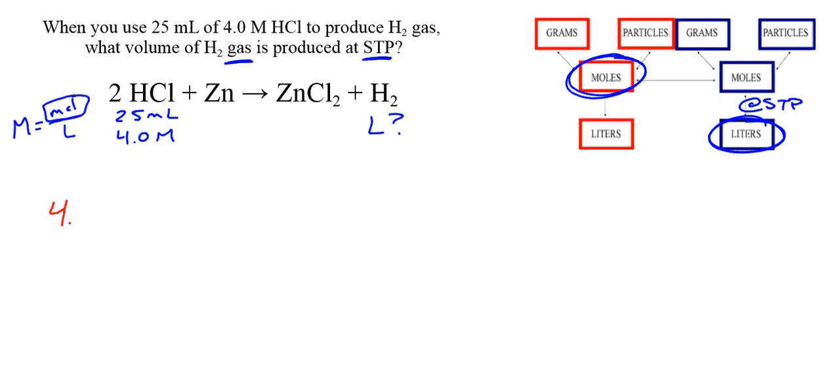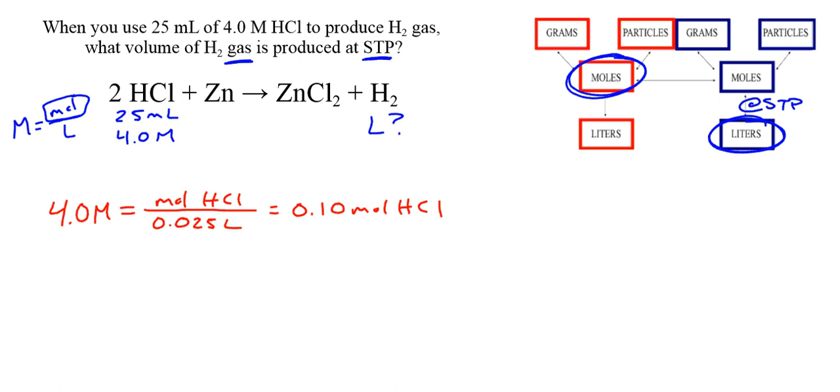So I utilize my molarity equation. Make sure that I'm in liters. And I'm going to solve for the moles of hydrochloric acid first, which is 0.1 moles. Now, 2 steps.